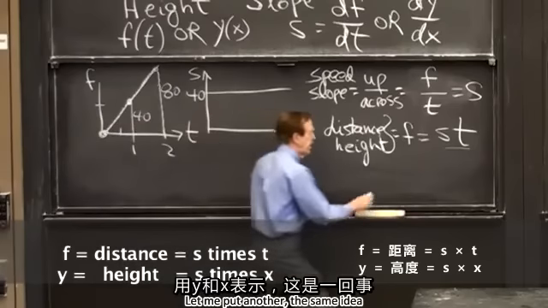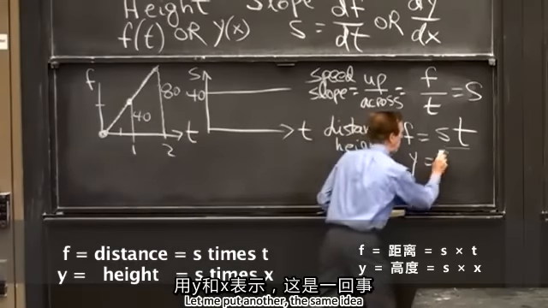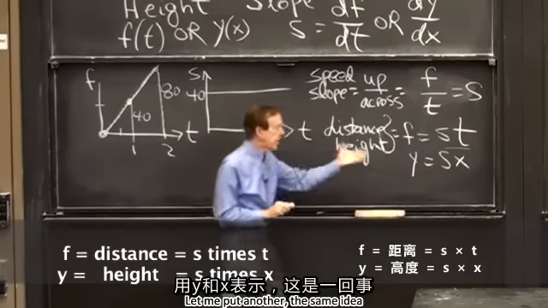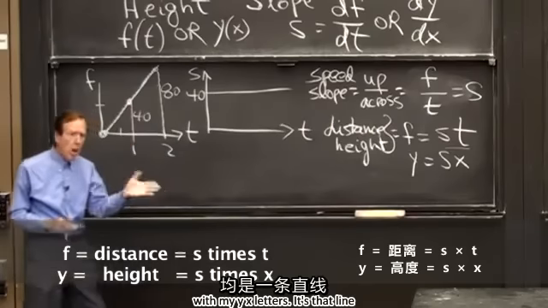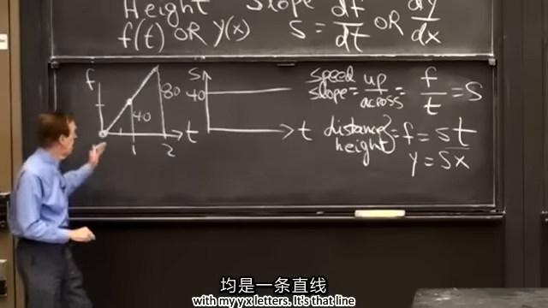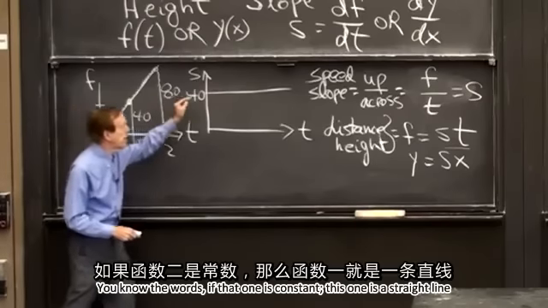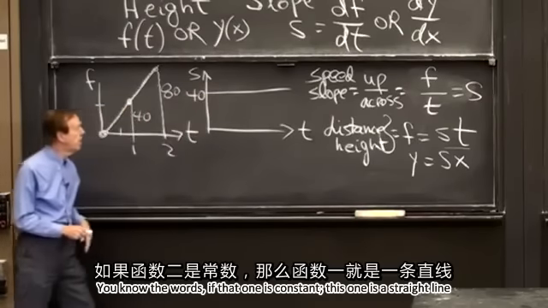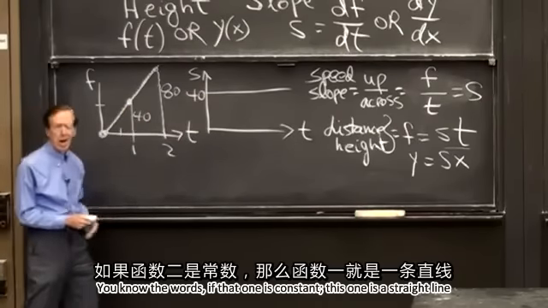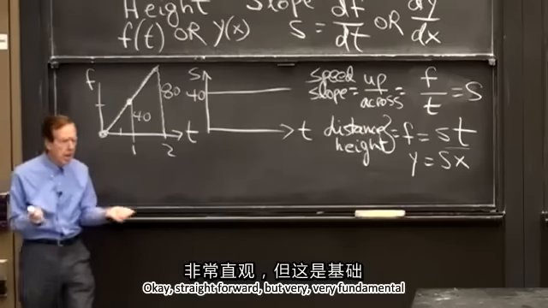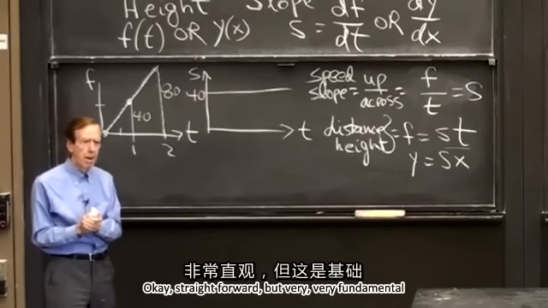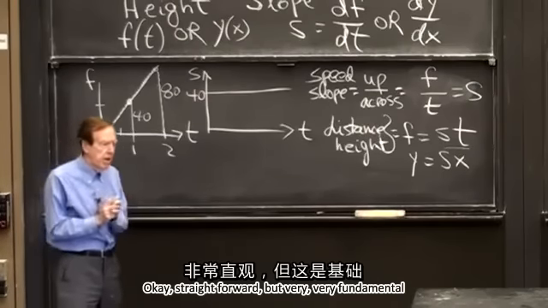Let me put the same idea with my yx letters. It's that line. In other words, if that one is constant, this one is a straight line. Okay, straightforward, but very, very fundamental.